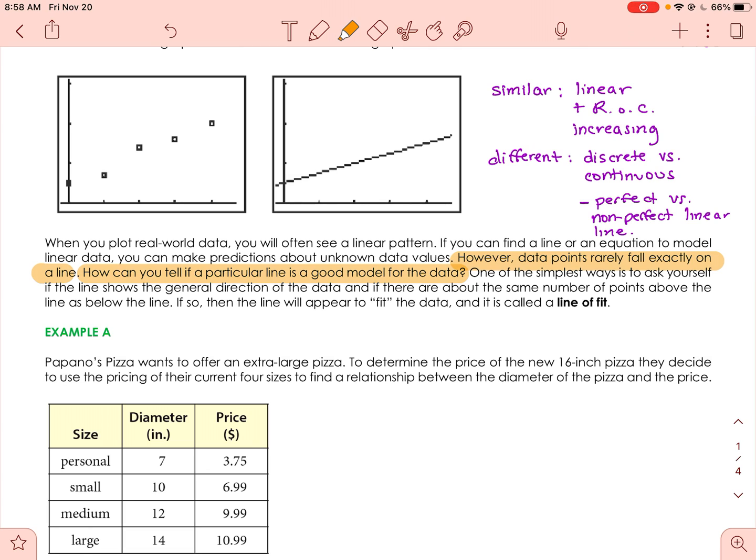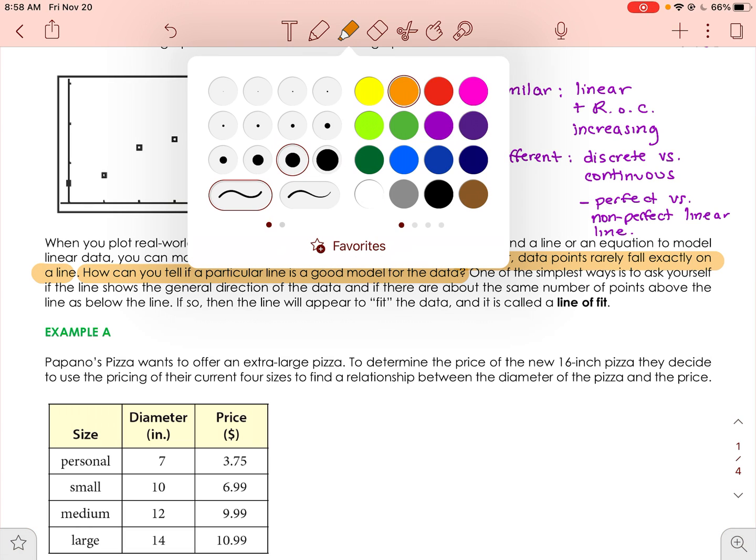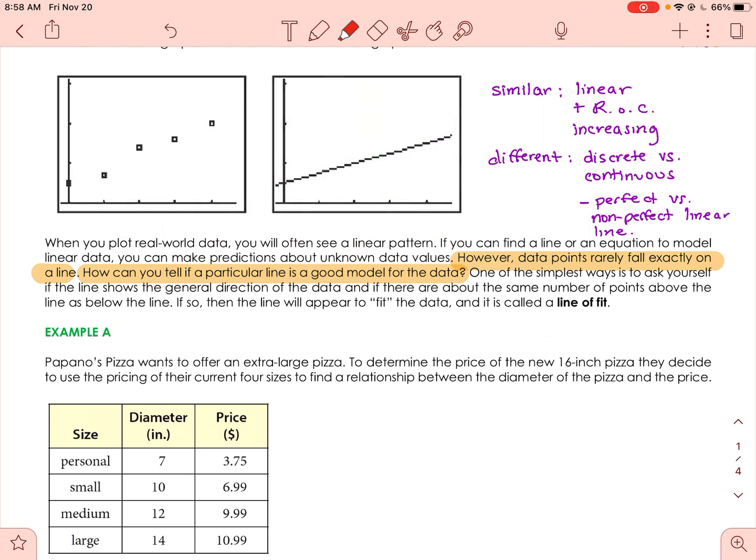And so what we're going to do is talk about how to find that line. And one of the best ways to figure out if the line that is shown is a good representation or a good model for the data is if the line shows the general direction of the data and if there are about the same number of points above the line as below the line.